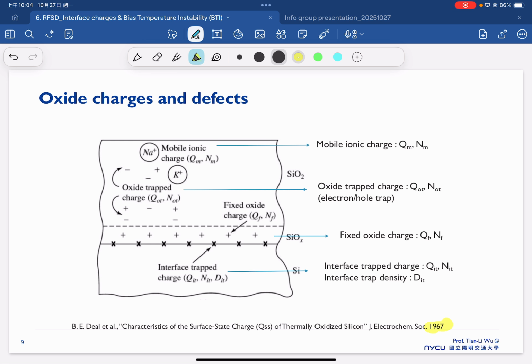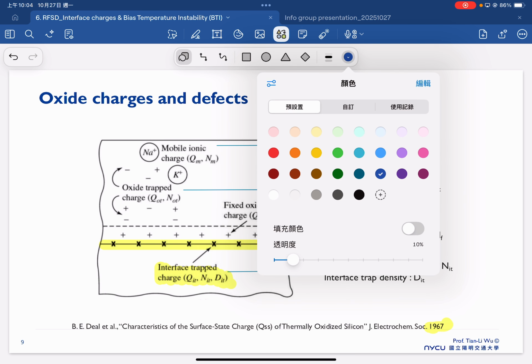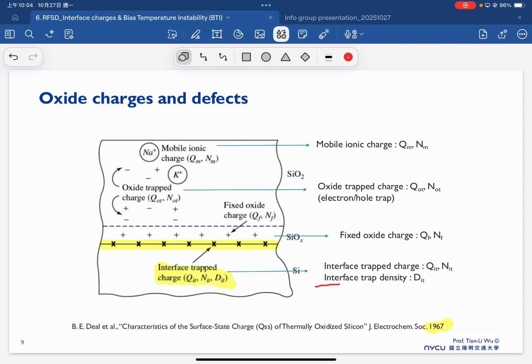So the first one we would like to introduce is what we call the interfacial trapping charge, as shown here. Most of the time, we can characterize this as what we call the DIT, interface trap density, or sometimes the interface state density.